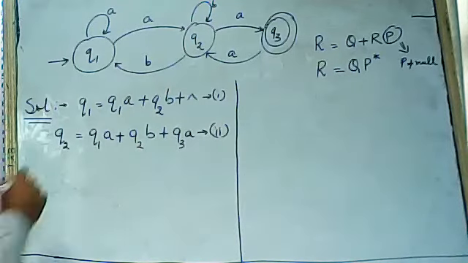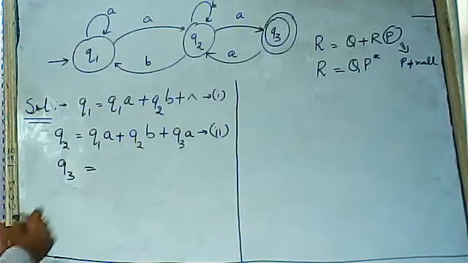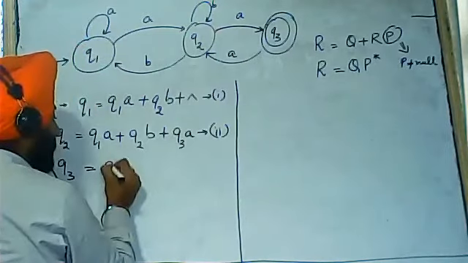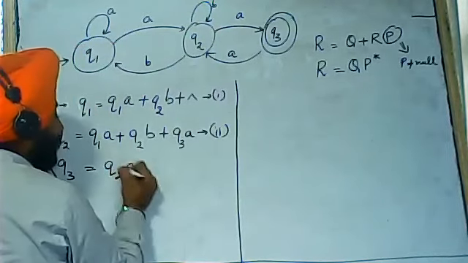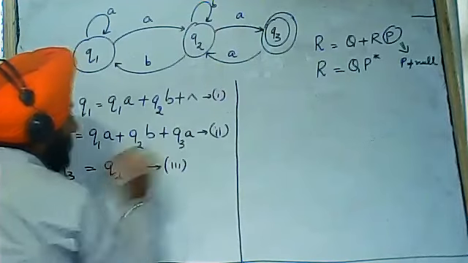Next we have Q3's equation. We have only one incoming towards Q3, and that is Q2A. Mark this equation number 3.